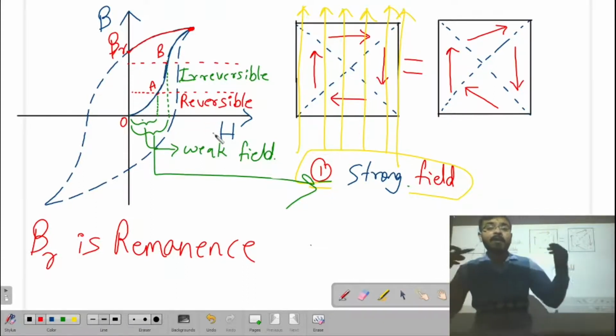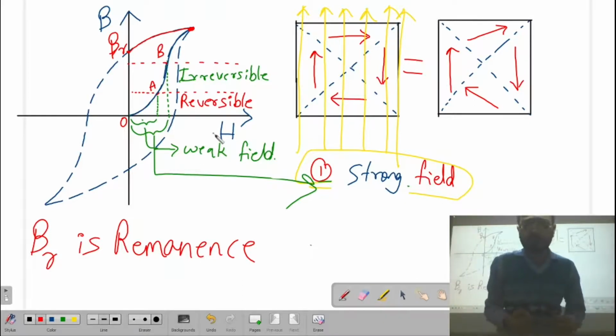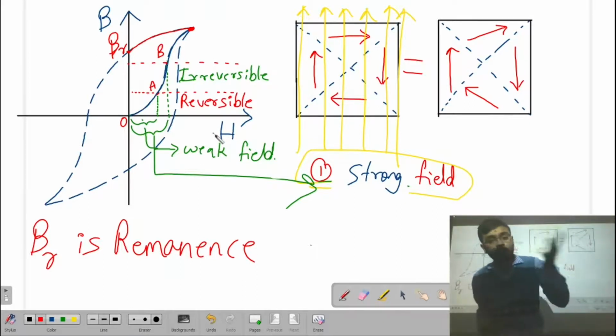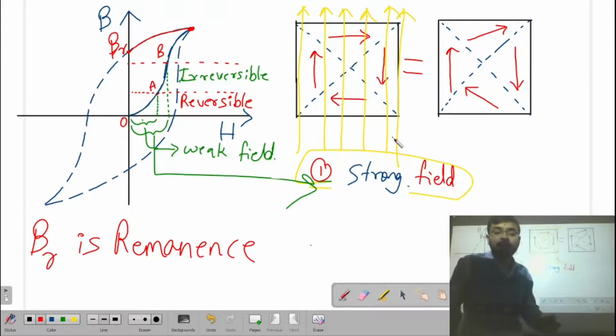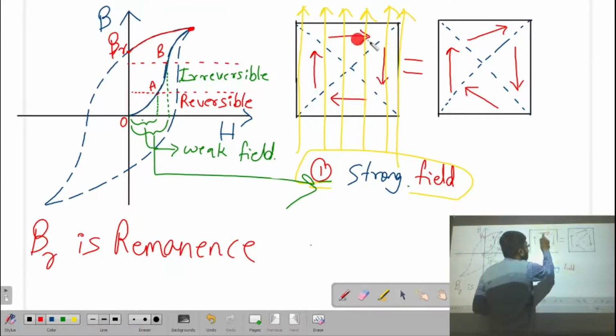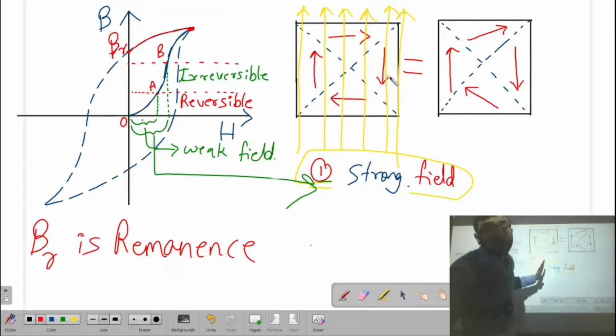Means, we have studied in ferromagnetism that even if you remove the external magnetic field, the material will sustain some of the magnetic domains in the direction of the external magnetic field.